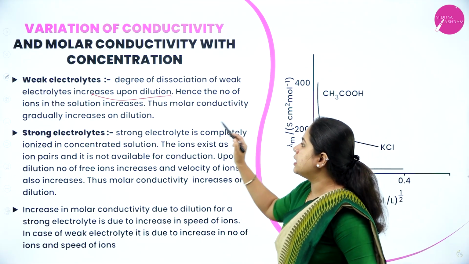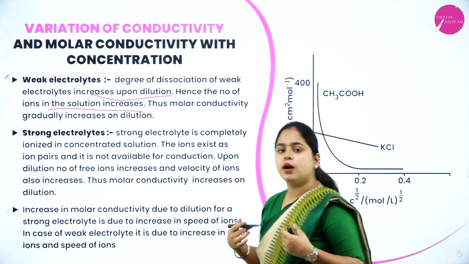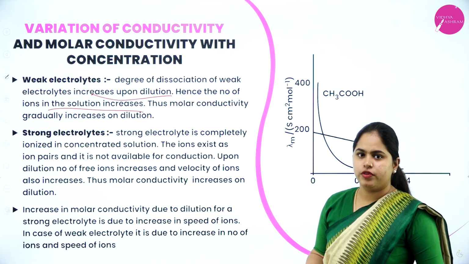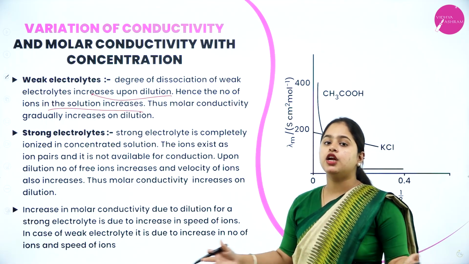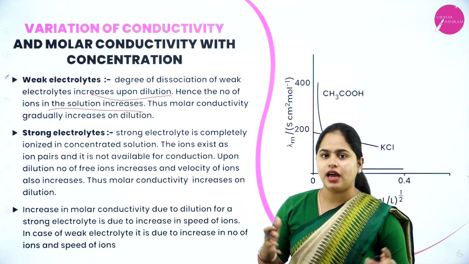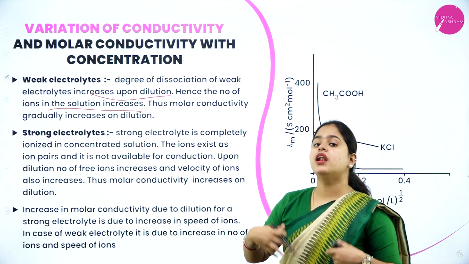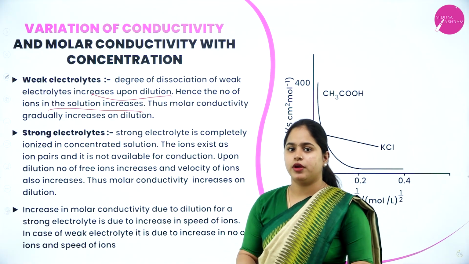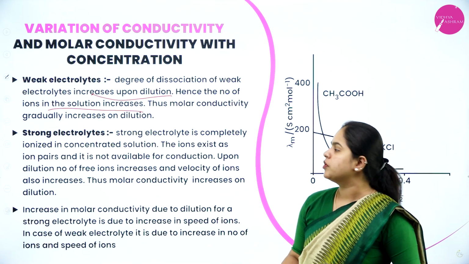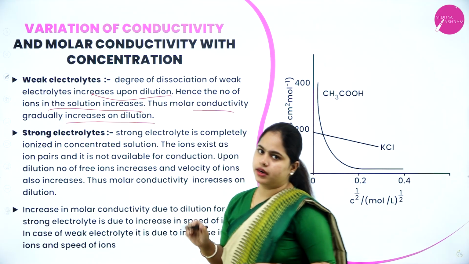Hence the number of ions in the solution increases, because the degree of dissociation increases. As I told you, a weak electrolyte does not have good dissociation. Once it undergoes dilution, more ions will be present because more dissociation will happen. Thus molar conductivity gradually increases on dilution.